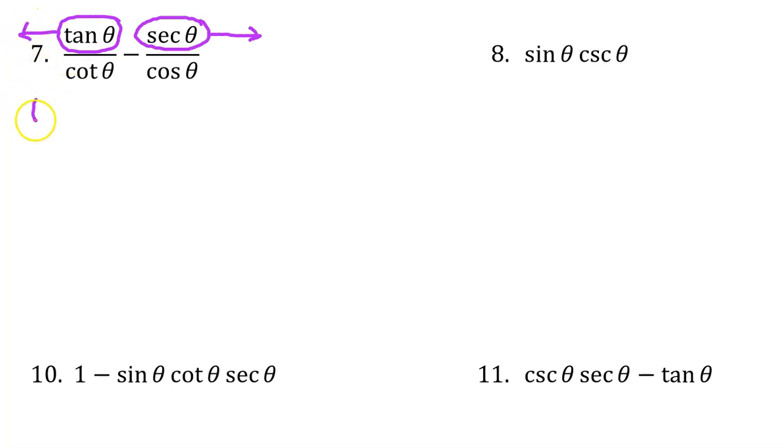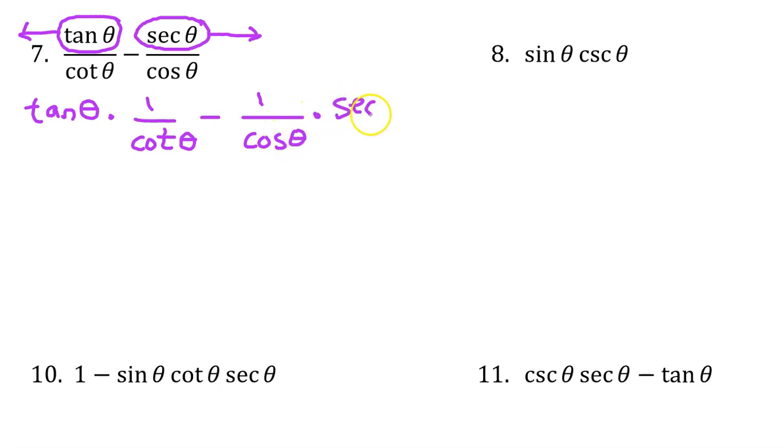So we will have tangent theta off to the left, leaving behind 1 over cotangent theta. Minus, if we pull the secant theta off to the side, it will leave behind 1 over cosine theta times secant theta.